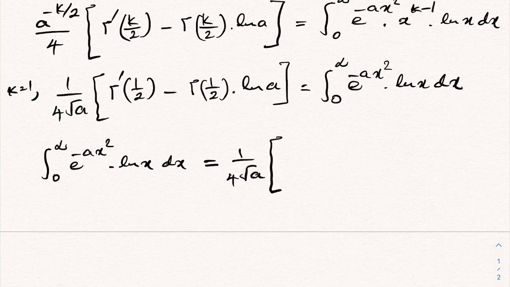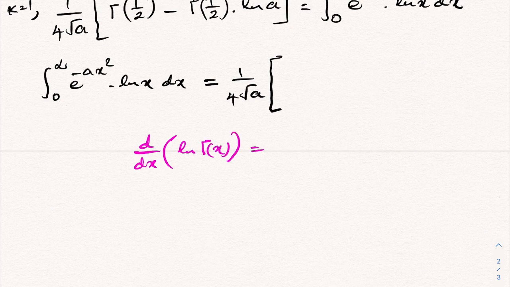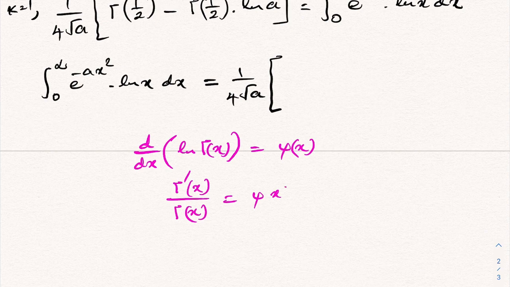Then we have gamma dash of 1/2. So how to find the gamma dash of 1/2? Well, we know the definition of the digamma function. If we differentiate natural log of the gamma function of x, we know this is equal to digamma of x. Then gamma dash of x over gamma of x is equal to digamma of x.